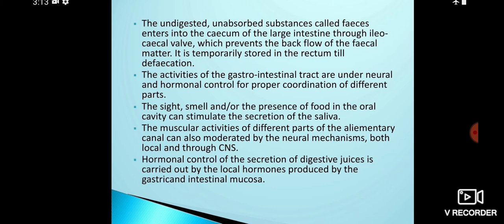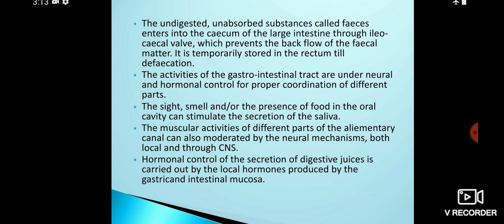Then one more is gastric inhibitory peptide. This gastric inhibitory peptide is going to inhibit the gastric secretion. Why is it going to inhibit the gastric secretion? Because if the gastric secretion becomes more, then it may lead to the pH getting altered in our gastrointestinal tract.